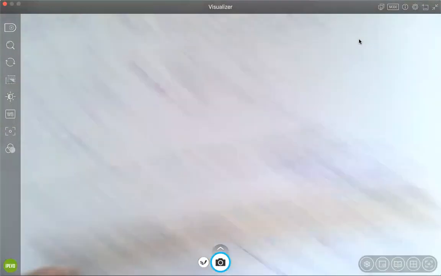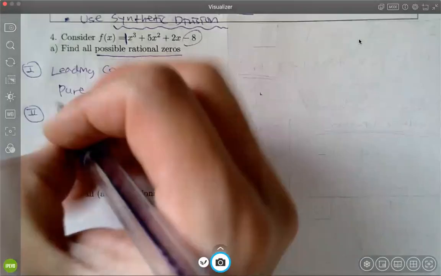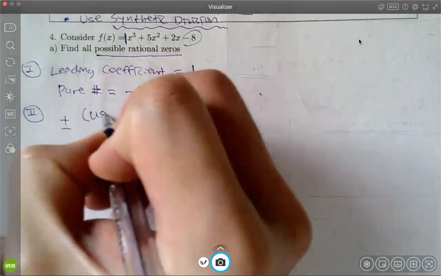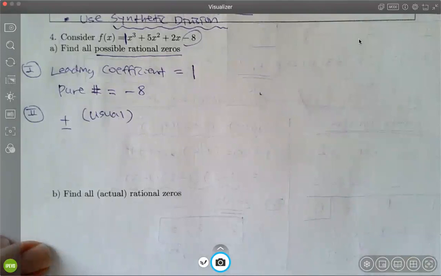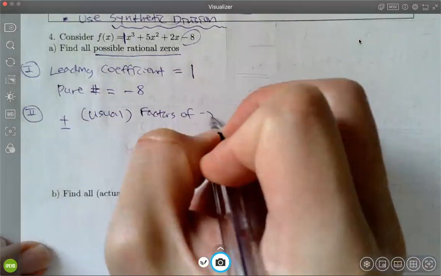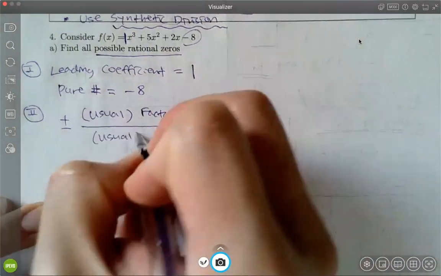So here, what do we have? Plus minus the usual factors of -8 divided by usual factors of 1.